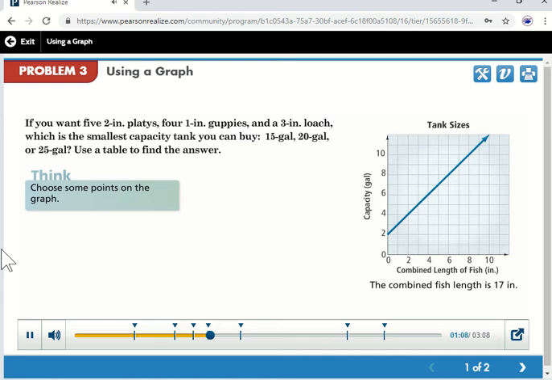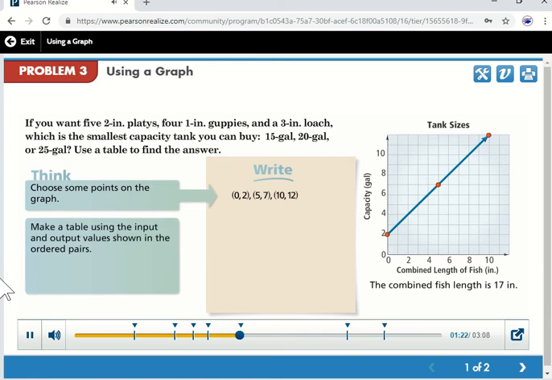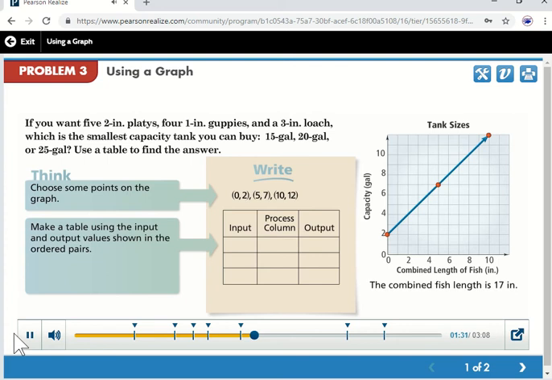Think. Choose some points on the graph. Choose points that have whole number coordinates, such as 0, 2, 5, 7, and 10, 12. Make a table using the input and output values shown in the ordered pairs. The input values represent the combined fish length. The output values represent tank capacity.